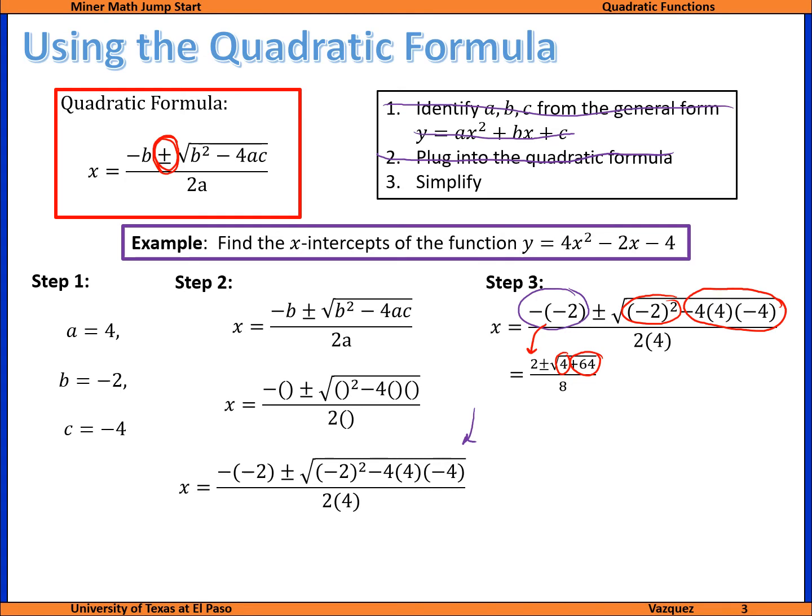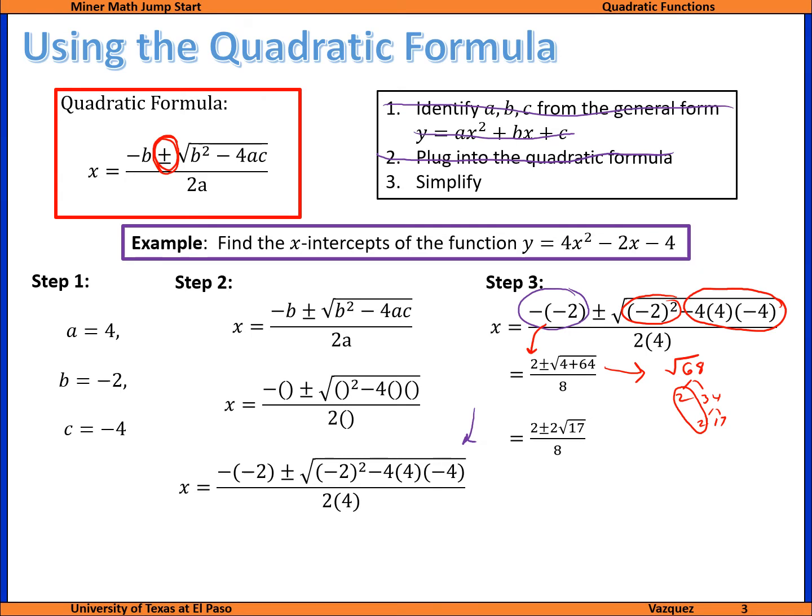If you remember the factorization tree, here we're going to have the square root of 68. You can go ahead and do that to get 17. So that we have 2 plus or minus 2 times the square root of 17, since we just used the factorization tree, all over 8.